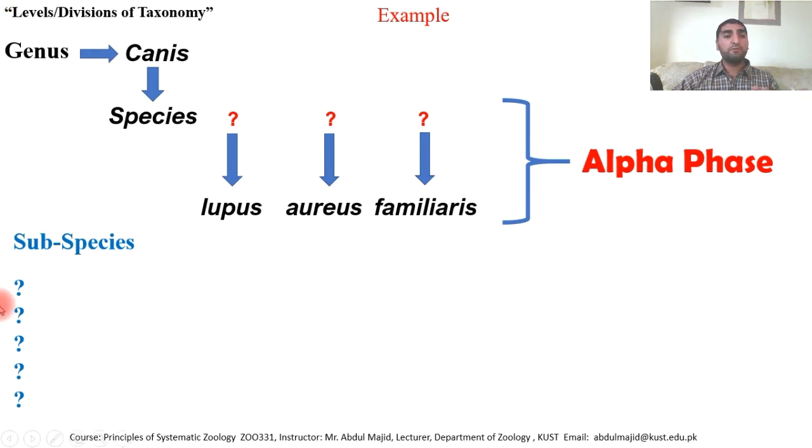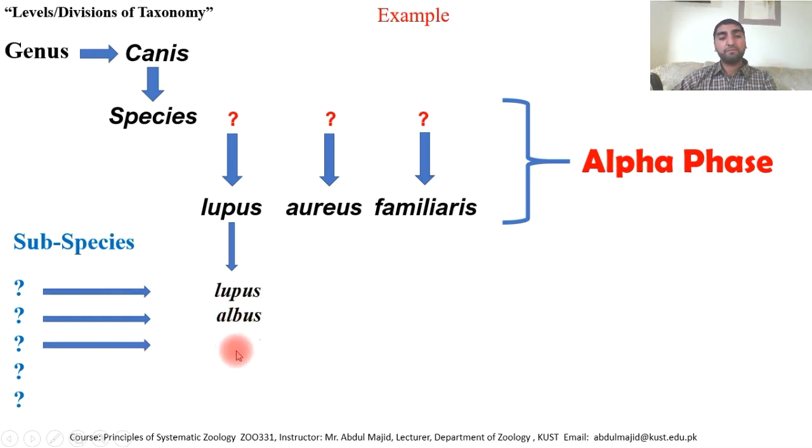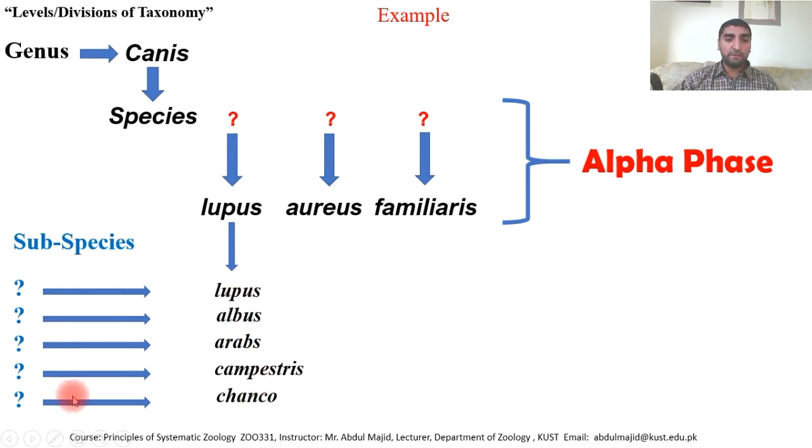For example, if lupus has subspecies 1, 2, 3, 4, 5, but again you don't know them, you will characterize them, study their characteristics, and then identify them: subspecies lupus, subspecies albus, subspecies arabus, subspecies campestris, and subspecies chanco. So now you have 5 subspecies.